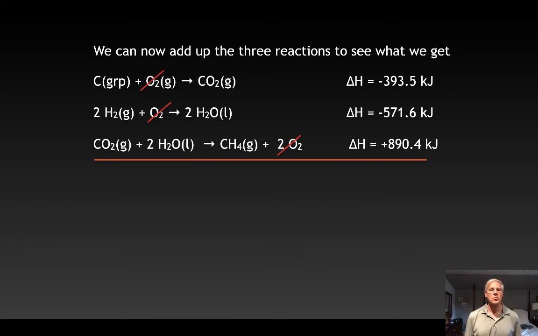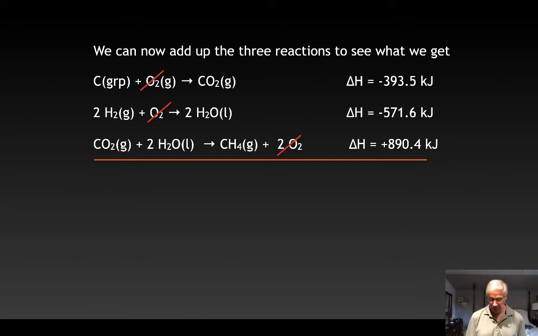So we see that we have an oxygen here as a reactant and another oxygen here as a reactant. Since they are on the same side of the arrow, they add together. That gives me 2 oxygens as a reactant, but here I have 2 oxygens as a product, and so all of those cancel out.